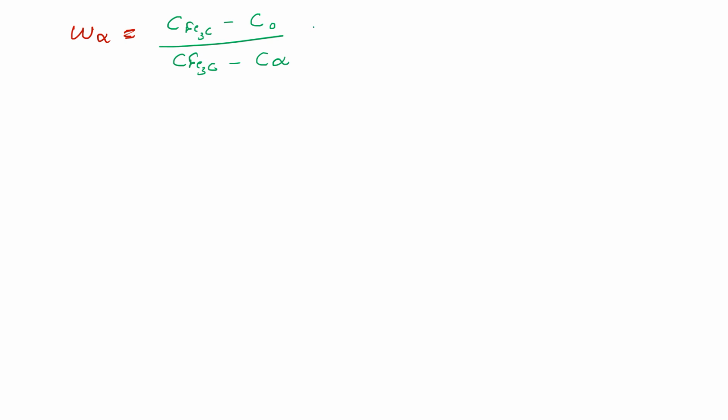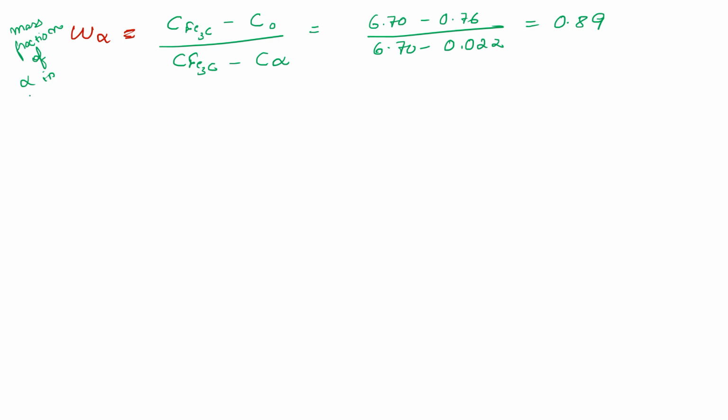Plugging in the values, we have 6.7 minus 0.76 divided by 6.7 minus 0.022, which gives about 0.89, that is about 89%. This is the mass fraction of alpha in 100% pearlite.